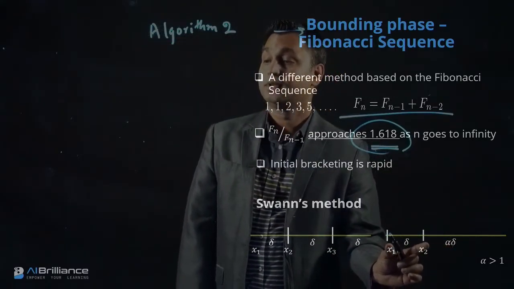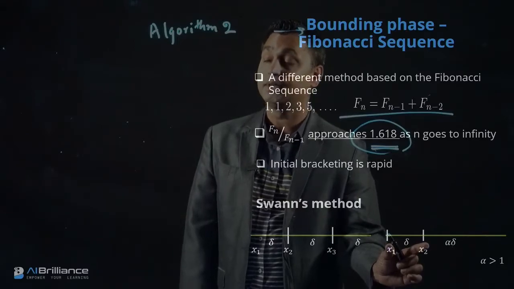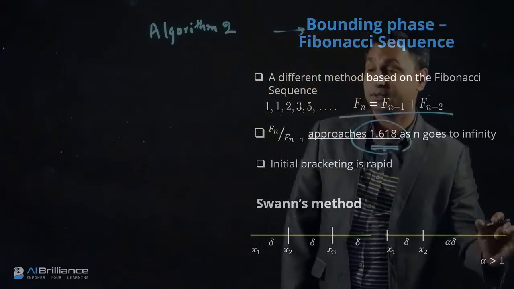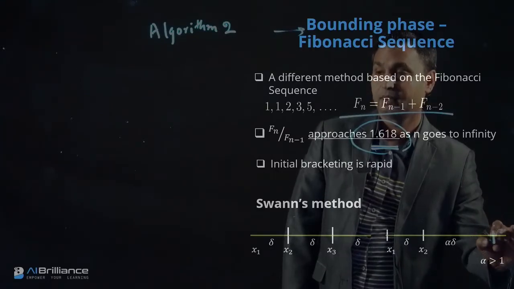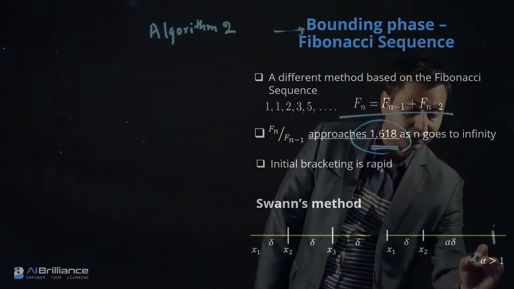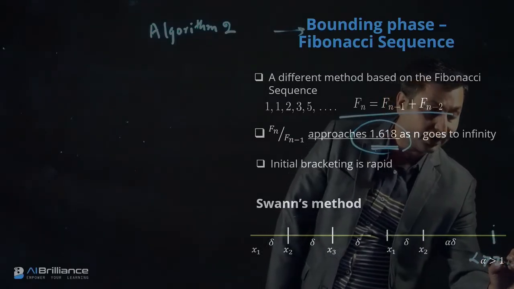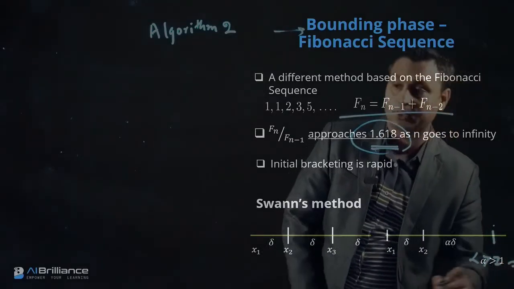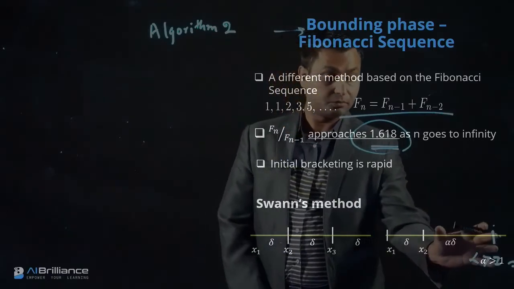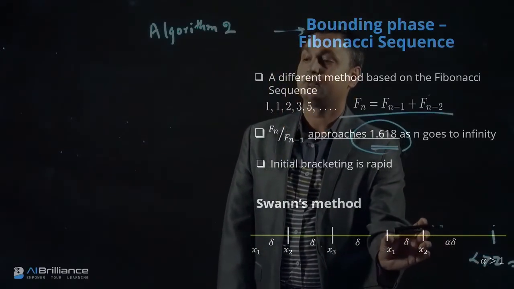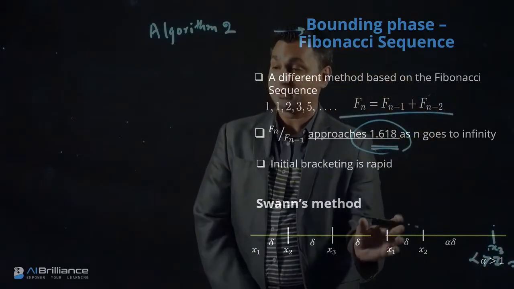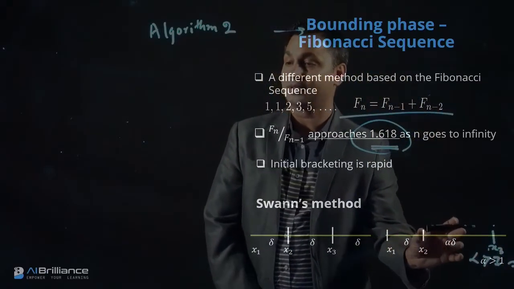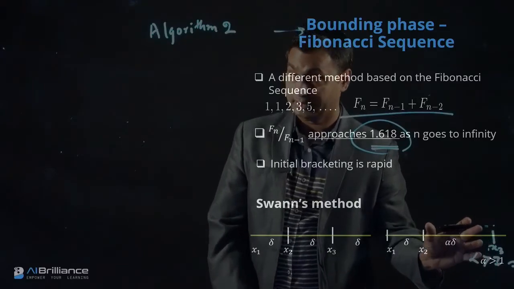So if your distance between x1 and x2 is delta, typically you will select an x3 which is farther away than delta, using a value of alpha greater than 1, in fact equal to 1.61. So the distance between x1 and x2 is not the same as the distance between x2 and x3, and that's the main difference.